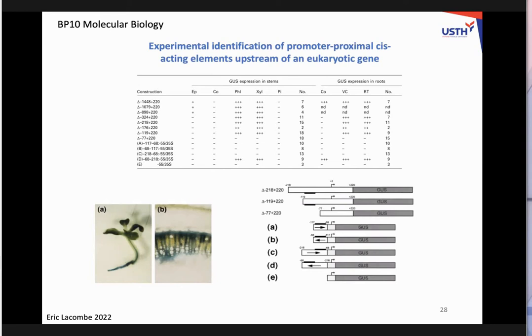Can you answer this? From the deletion, you managed to conclude that this sequence, -111, -77, is necessary. With the construction of these two constructs, you want to prove if it is sufficient. You construct them, you analyze them, and you don't have any activity. So what would have been your conclusion on this analysis?